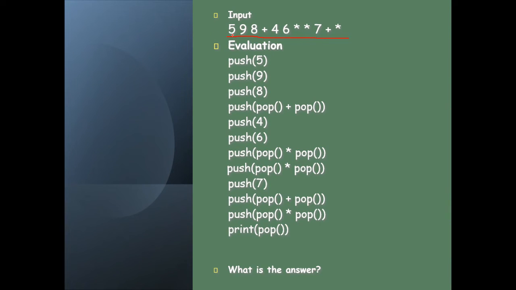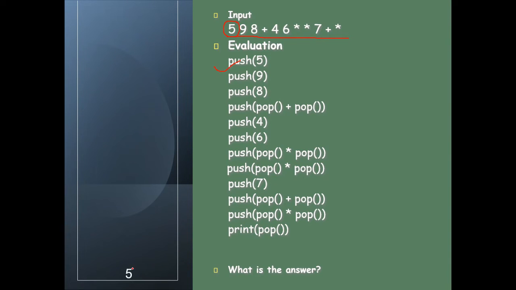While scanning the expression from left to right, you can see that the first symbol is 5. Before inserting this 5, we will consider that the stack is empty, and now I'm going to push the elements into this stack. 5 is an operand, so you push it into the stack. See, you have inserted 5 here. Now, next is 9. I'm cutting 5 from here. 9 is an operand, so you need to push it into the stack.